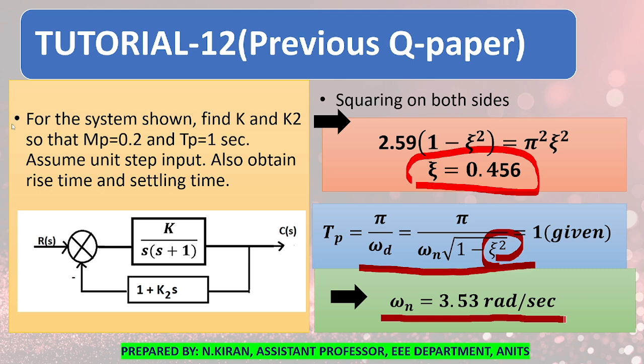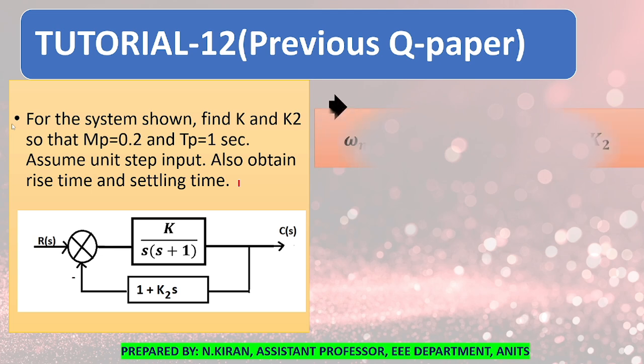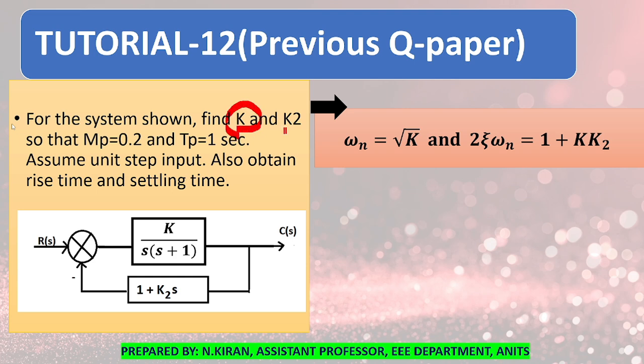So now after finding the value of zeta and omega n, now we need to find the value of rise time and settling time. We know the expression for rise time and settling time, isn't it? So before that we need to find the value of k and k2. Okay, so we have obtained this relation previously.